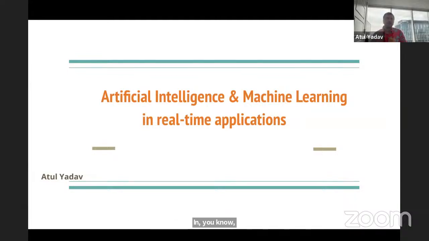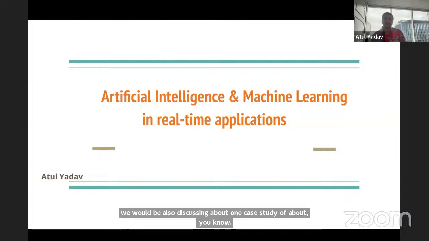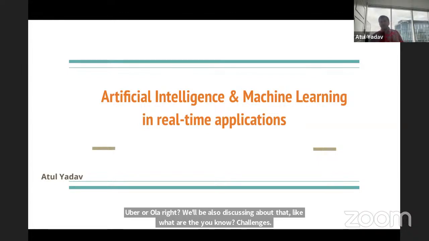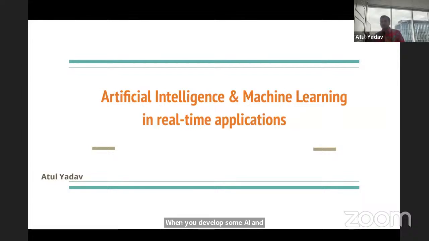We will also discuss a case study of riding apps, by which I mean Lyft, Uber, or Ola, the challenges when you develop an AI and ML application, how data plays an important role, and the best practices around it.